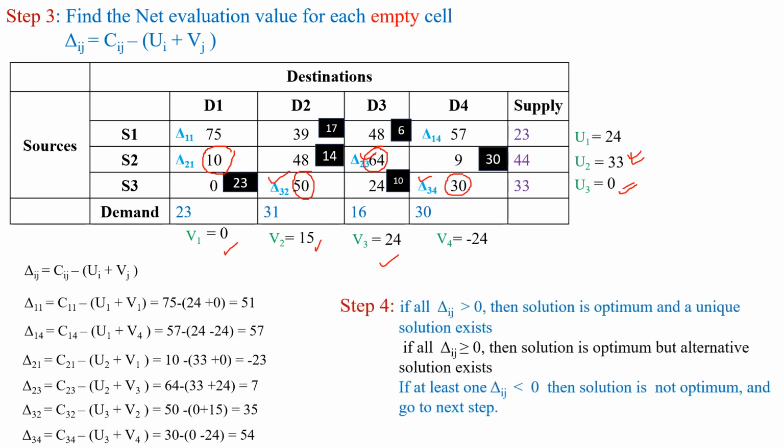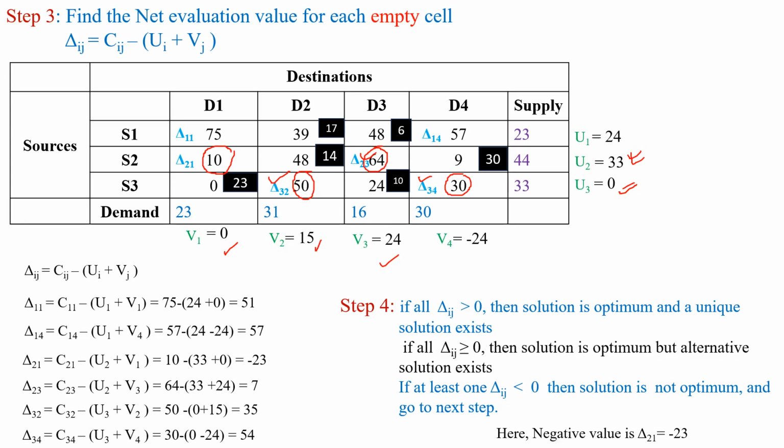So next step is, observe the delta ij values and apply the three conditions. First one is, if all the delta ij values are greater than 0, then the solution is optimum and a unique solution exists. If all the delta ij values are greater than or equal to 0, then the solution is optimum but an alternative solution exists.